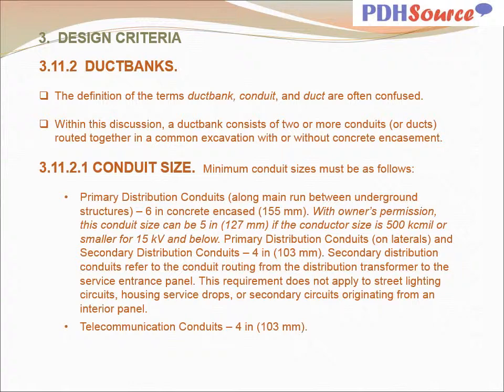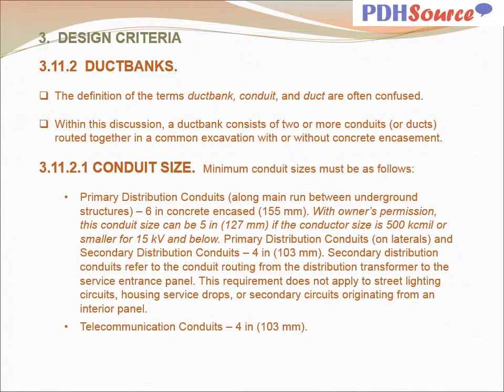Primary distribution conduits along main run between underground structures, 6-inch concrete encased. With owner's permission, this conduit size can be 5-inch if the conductor size is 500 kcmil or smaller for 15 kV and below. Primary distribution conduits on laterals and secondary distribution conduits, 4 inches.